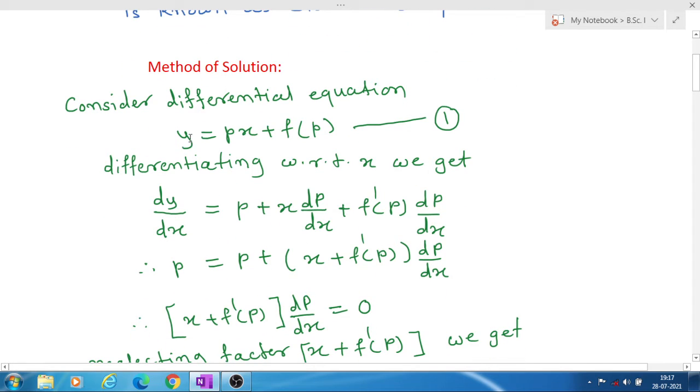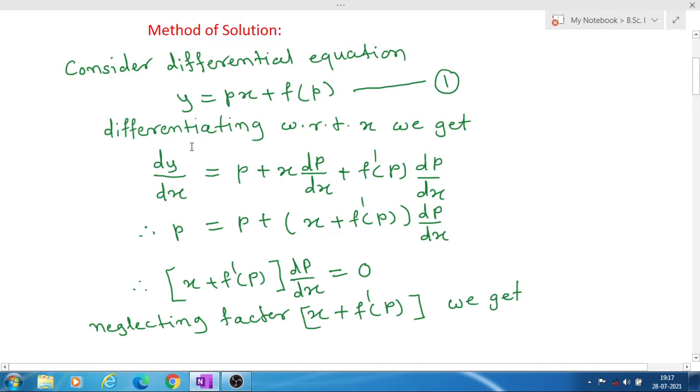So consider this Clairaut's equation y is equal to px plus f of p. Then differentiating this equation with respect to x, we get, here is y, so we get dy by dx is equal to, here is px, p is dy by dx, so p and x are two functions of x, so we use the product rule here.